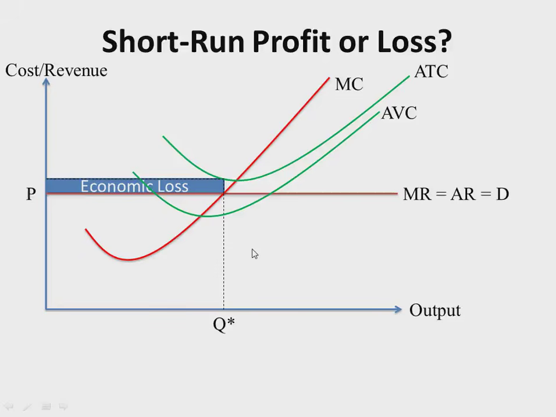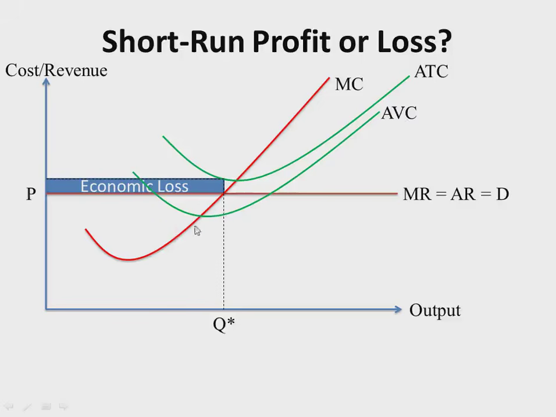Well, economically speaking, and using the concept of rationality, this firm should not shut down despite the losses that are being made. This is because at this price level, the firm is covering all the variable costs. Up to here, the average variable cost is the variable cost per unit of output.